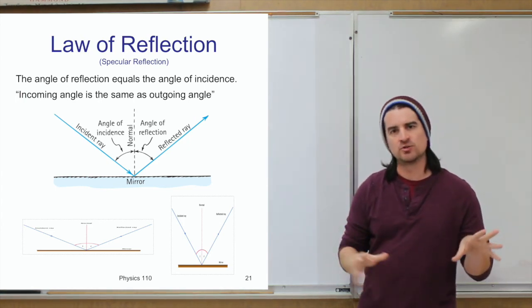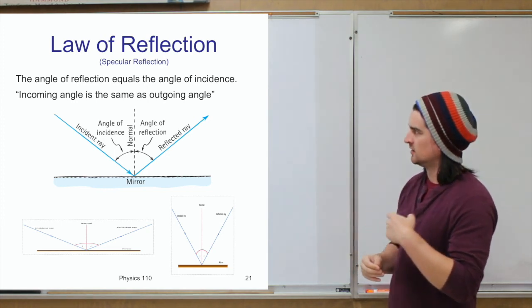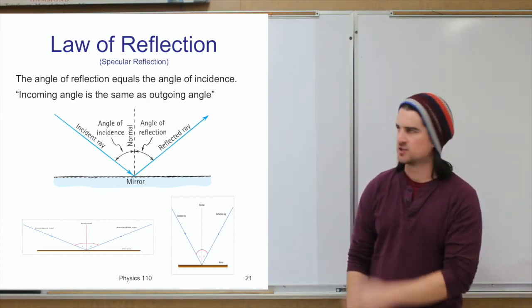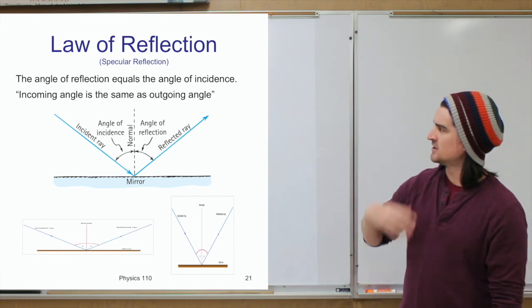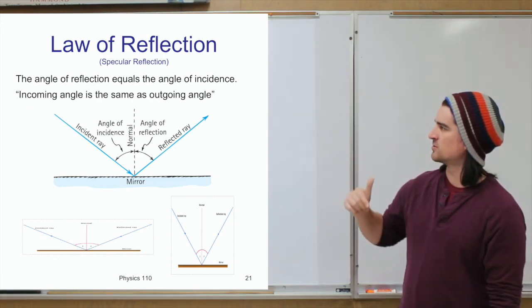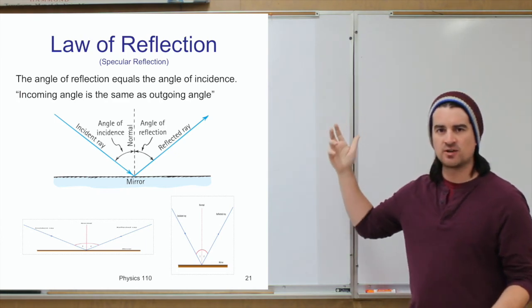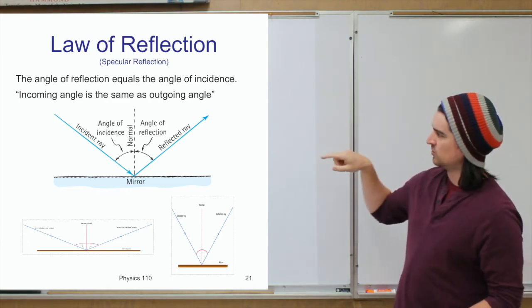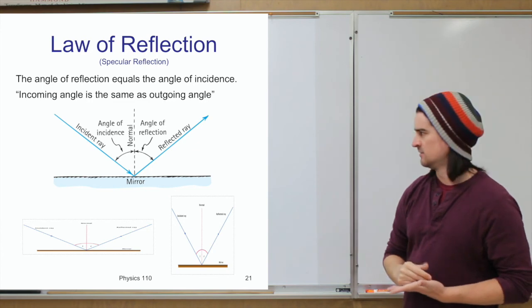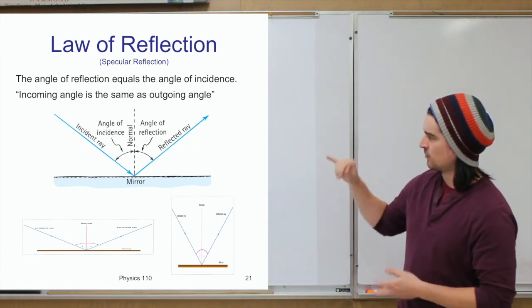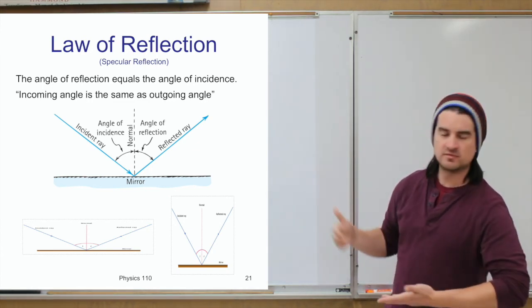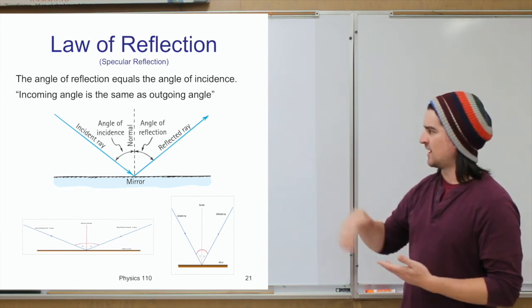That's a very colloquial way of stating this law. The more technical way of stating it is to say that the angle of reflection is equal to the angle of incidence. Incidence means the incoming light ray, and reflection is the reflected light ray, after it bounces.